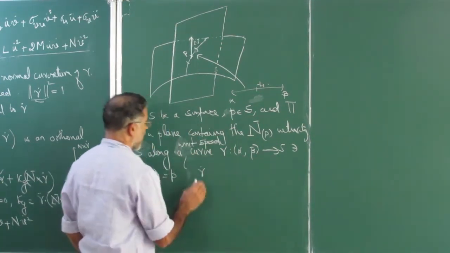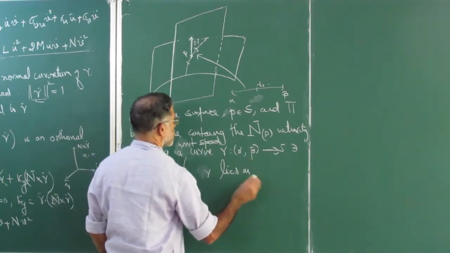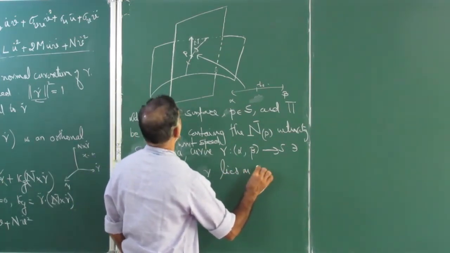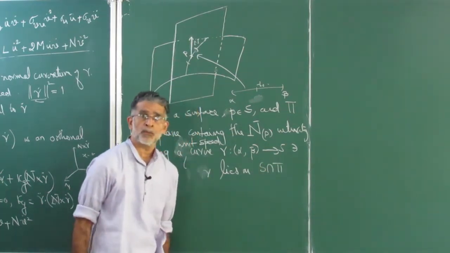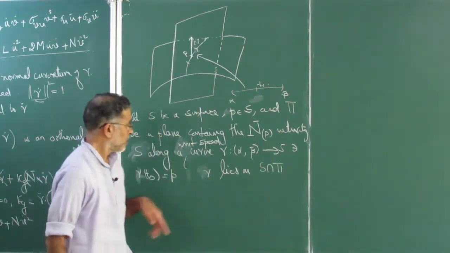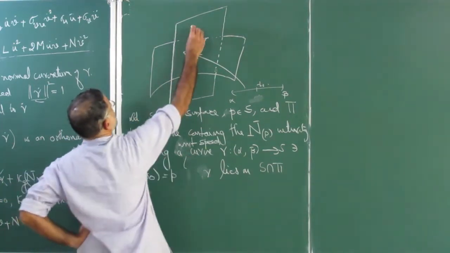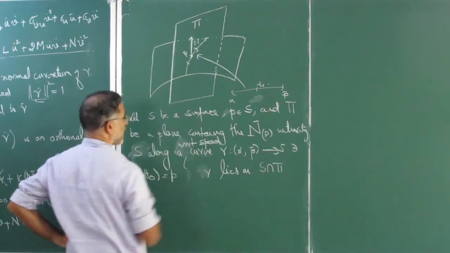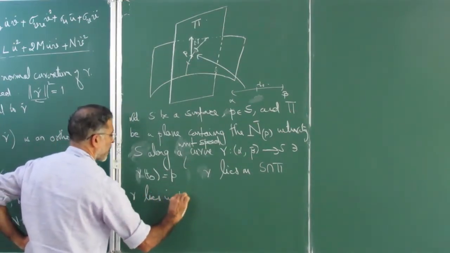Gamma lies on S intersection pi. So in particular, gamma lies on pi. This is your plane pi. So gamma lies in pi.